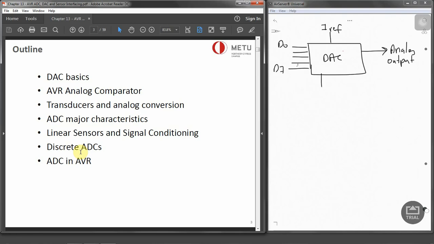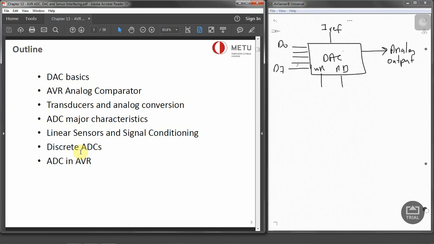And of course, we have some control inputs, read and write and so on. So this is a typical DAC system. The important thing about the DAC system, as we already said, is its precision, and that precision depends on the conversion method, binary weighted or R2R ladder. And as we already said, the majority of integrated circuits use the R2R ladder version.